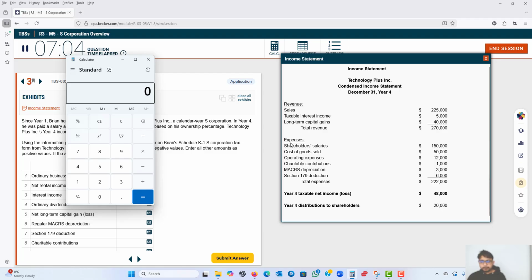And here the expenses are given. Shareholder salaries can be expensed from the sales revenue.